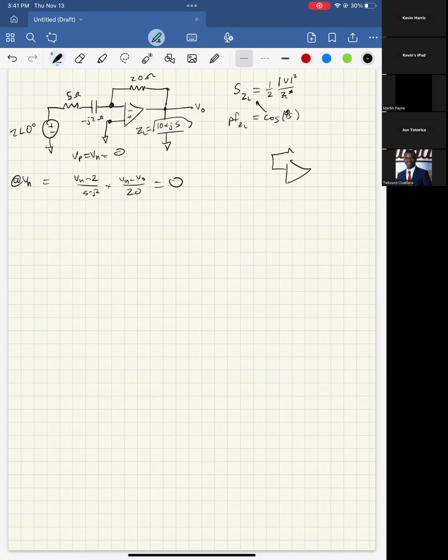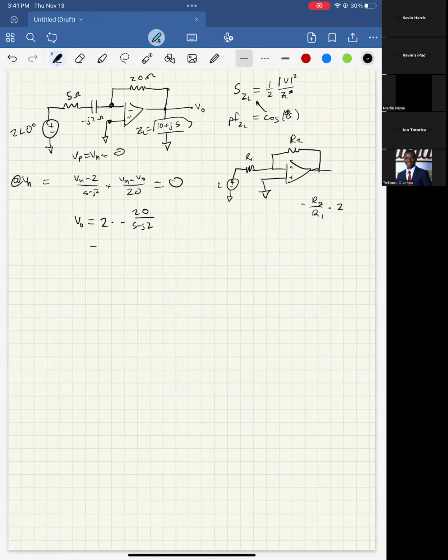It has the resistor on top going to V out and the resistor on this side, and then a voltage source here, which is 2. Remember, it's negative R2 over R1 times our input voltage. You could go through and solve all this math, but what you're going to end up with is V out equals 2 times negative 20 over 5 minus j2, because this is R2 over R1, or Z2 over Z1.